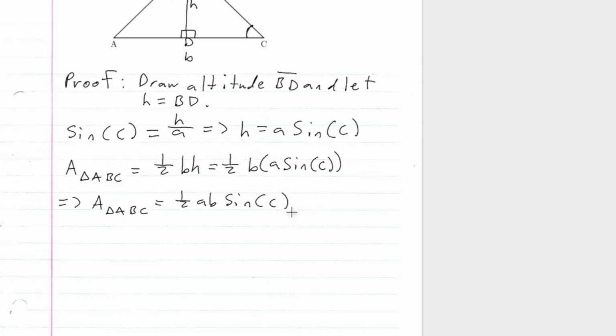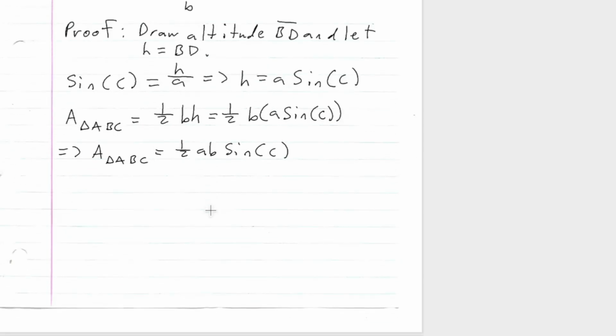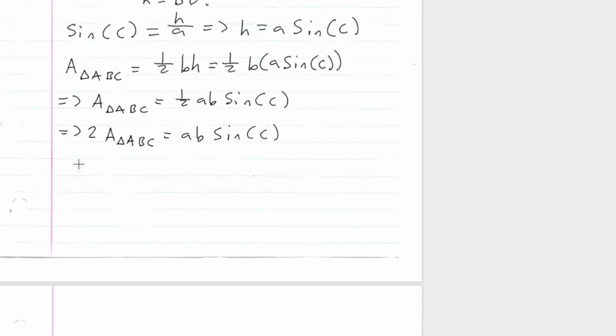All right, so now I want to get rid of this fraction, so I can multiply both sides by 2. Okay, so I'll have 2 times the area of triangle ABC is equal to ab sine of C. And now I'm going to square both sides of this equation.